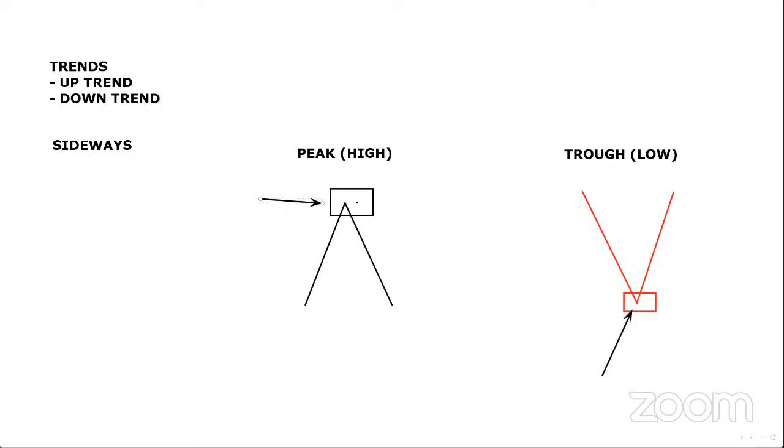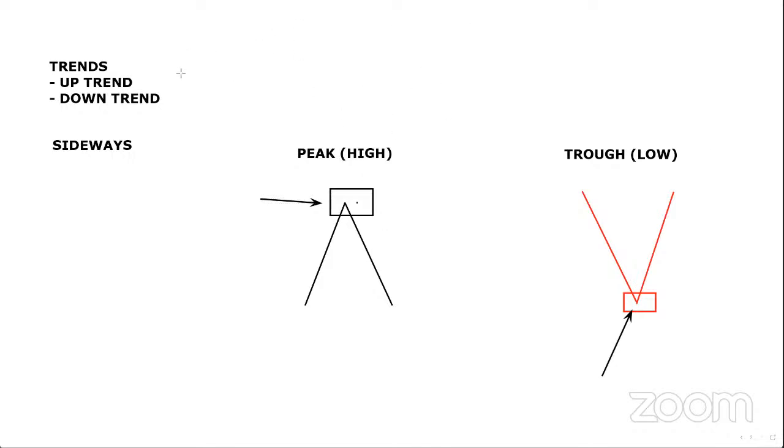Those two things are cornerstones. They are simply the components of any trend that you can see on the chart. So an uptrend is simply a series of peaks and troughs that are going upwards.